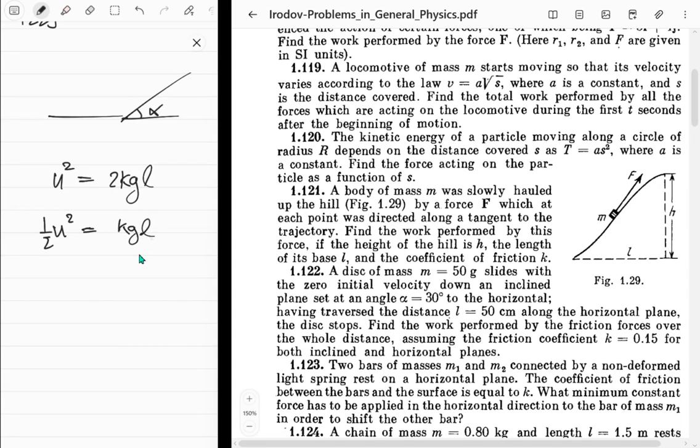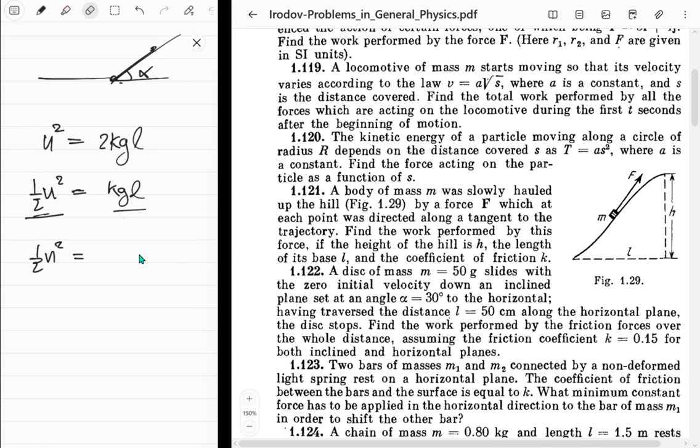So the kgL, this is the energy that it originally had, and then it lost it. So the work done by friction was against it and was equal to kgL. Yes, and over here it initially had zero. Finally, it had this thing. So half u squared is also the work done by the gravity as well as the friction.